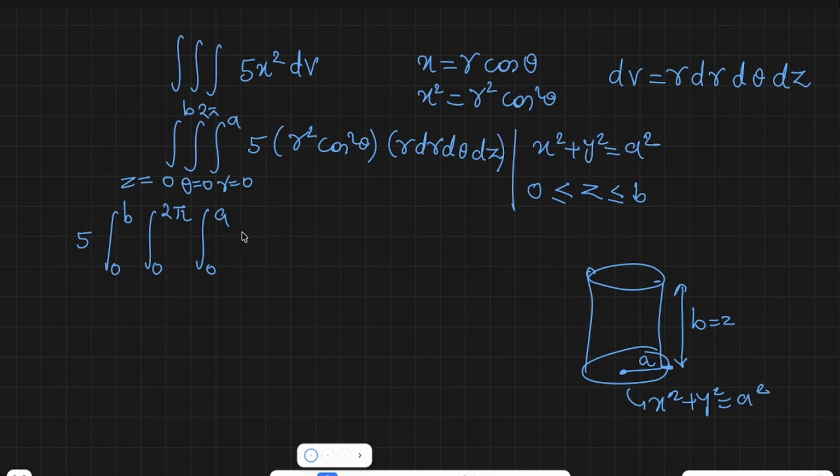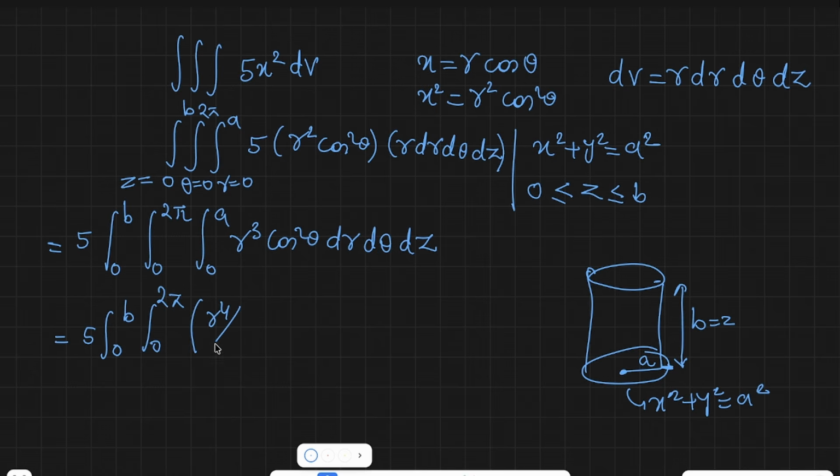So 5 outside, this is r cube cos square theta dr d theta dz. First you integrate with respect to r. When I integrate r cube, that is r power 4 by 4, 0 to a, this is cos square theta d theta and dz.